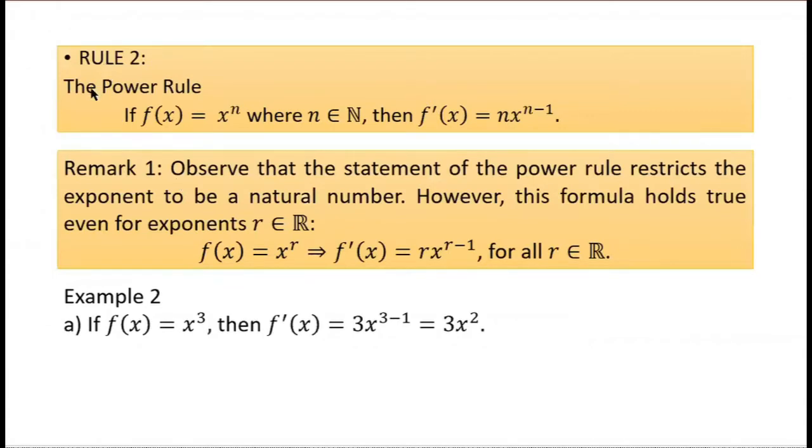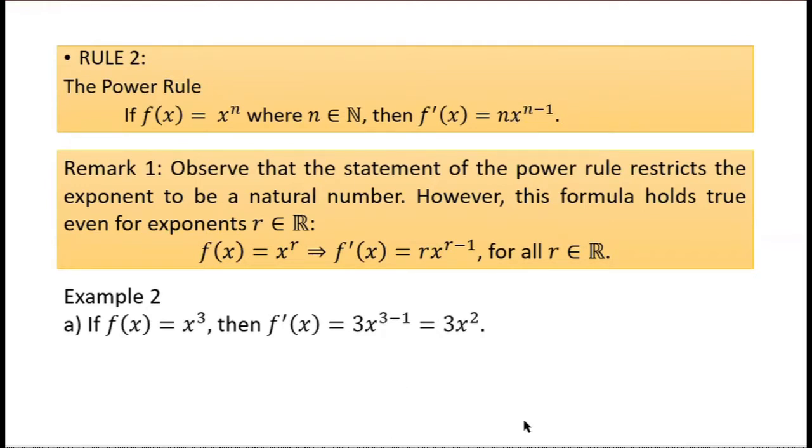Rule number 2, the power rule. Okay, tingnan muna natin kapag ang ating power ay n, and n is an element of natural number. Let's say if f of x is equal to x to the n, where n is an element of natural number, ang mga natural number ay 1, 2, 3, 4, 5, and so on. Then, f prime of x is equal to n x to the n minus 1.